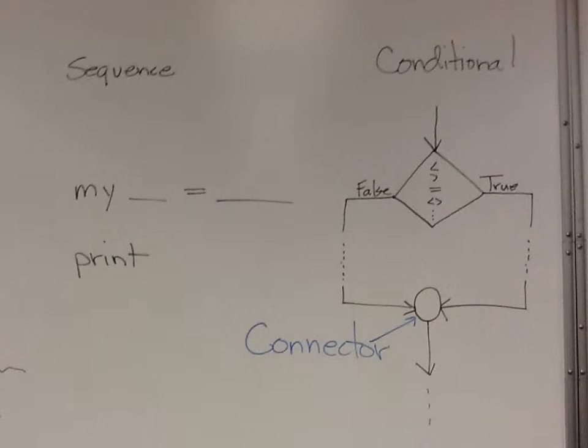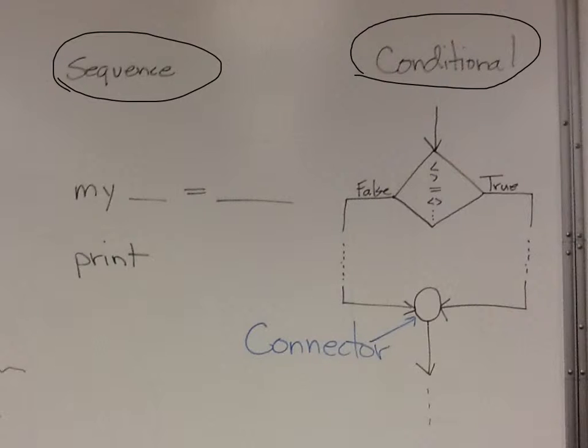We've talked about sequence. We've talked about conditional already in the video. You come in, and inside the box here you make some type of a conditional that has to be either true or false. And we talked a little bit about different types of symbols that could be in here to represent this.